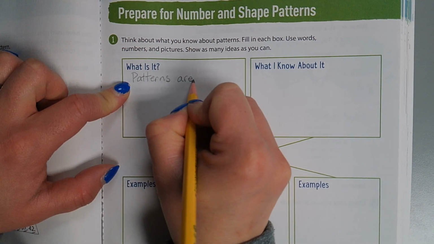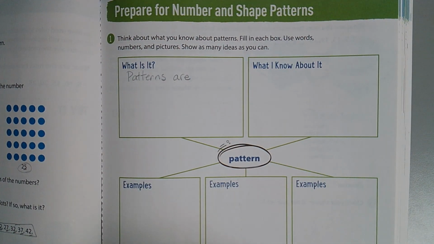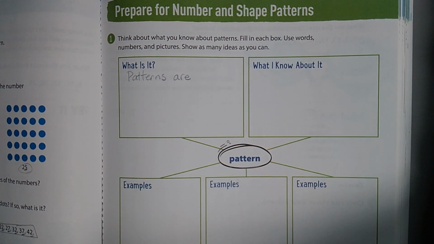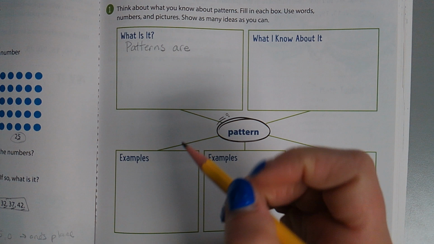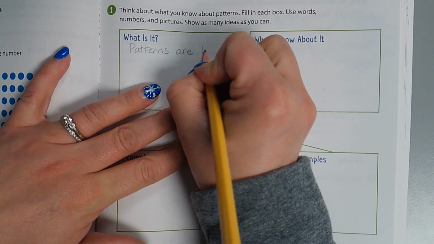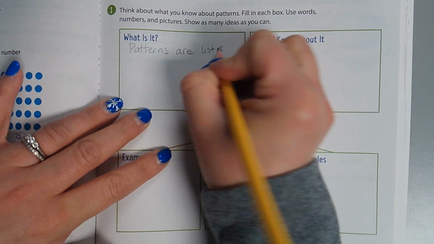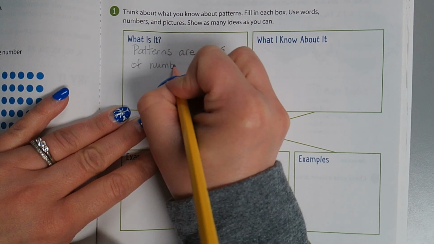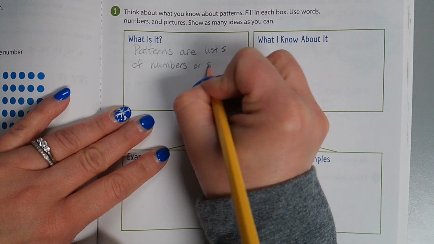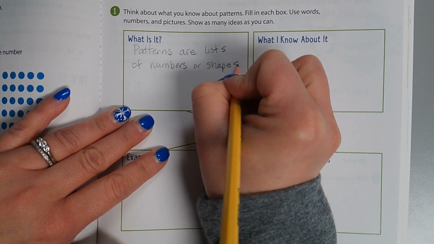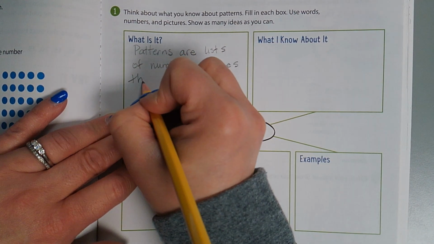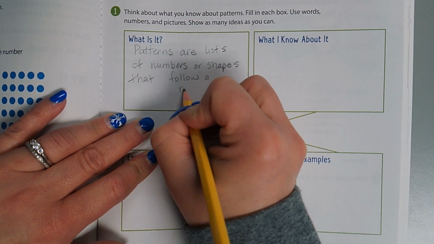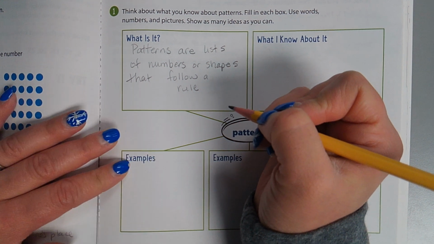Patterns are lists of numbers or shapes that follow a rule.